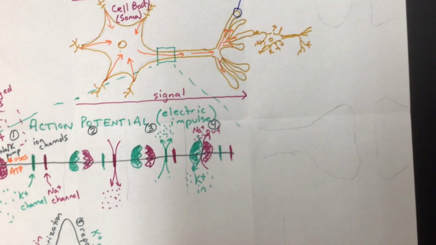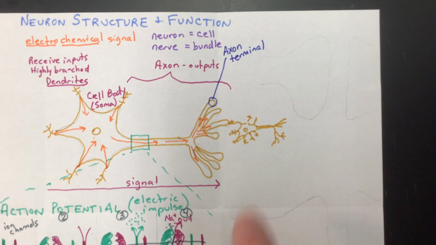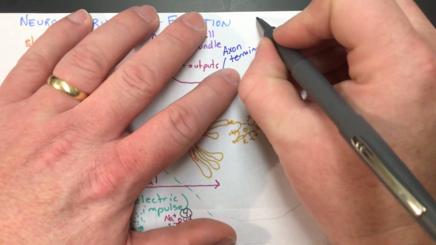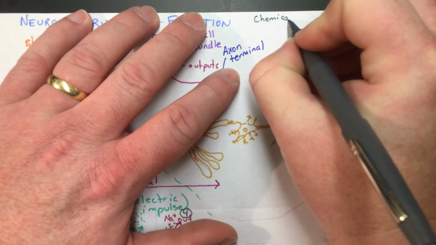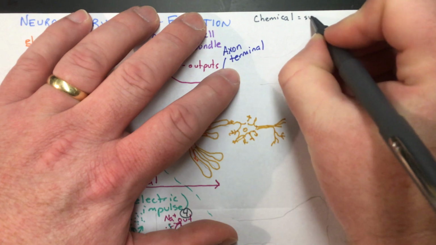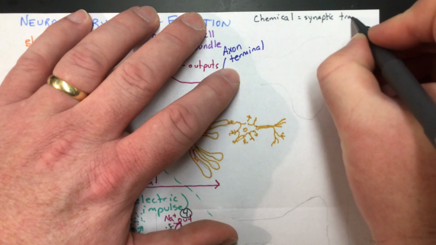Now, the other part of things is the chemical signal, and we're going to draw that up here. So our chemical signal is called synaptic transmission.